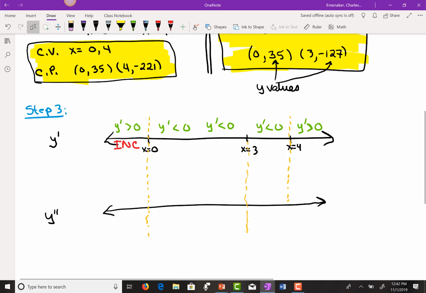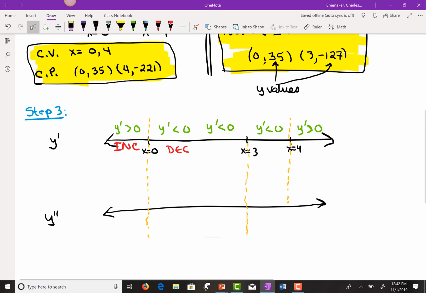Then there's this long stretch in the middle where the first derivative tells us the function is decreasing. So I'm going to put down decreasing, decreasing, decreasing. Just so that I remember, all along there it's decreasing. The rightmost interval, the function is increasing.